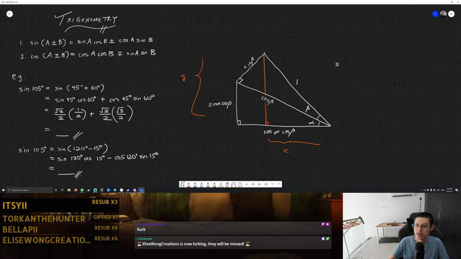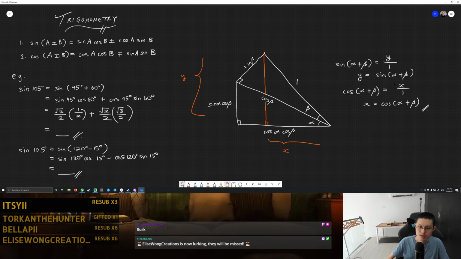We're gonna say sine of alpha plus beta is going to be opposite over hypotenuse. So opposite is going to be y, and it's going to be 1. So y is going to be equals to sine alpha plus beta. And then doing the same thing, let's say we're going to do cos alpha plus beta this time. We're going to get x over 1. So x is equals to cos alpha plus beta.